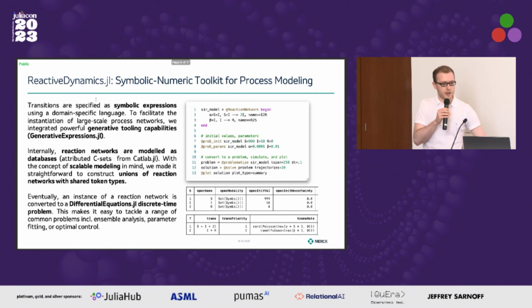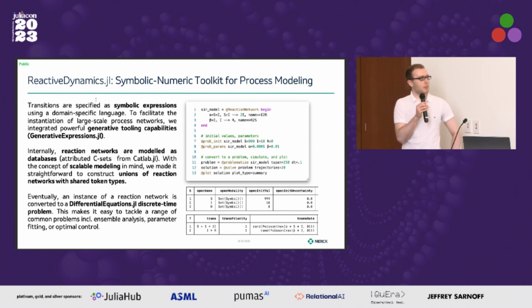The modeling process in ReactiveDynamics takes several different steps. The first step is that you have some mental model of a process, with some reactions, and you define this mental model using the domain-specific language of DyVE.